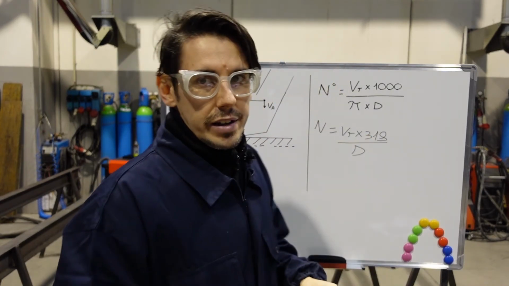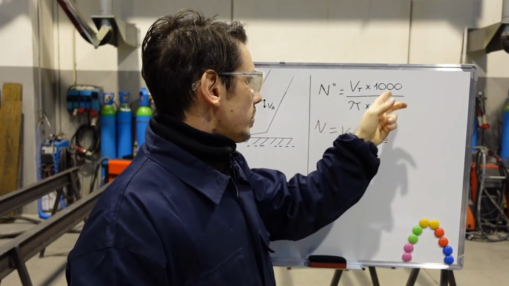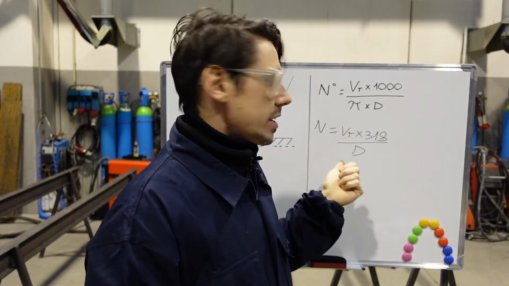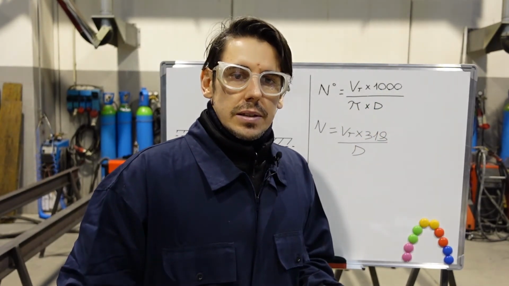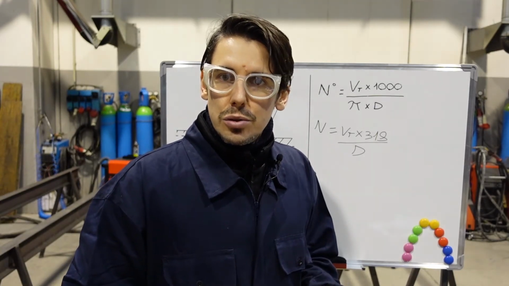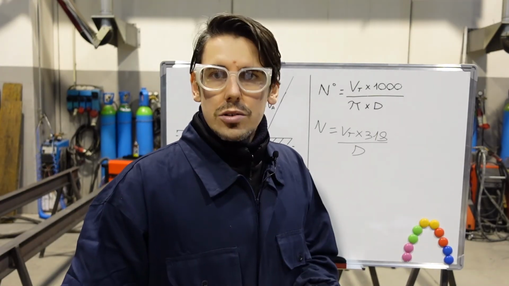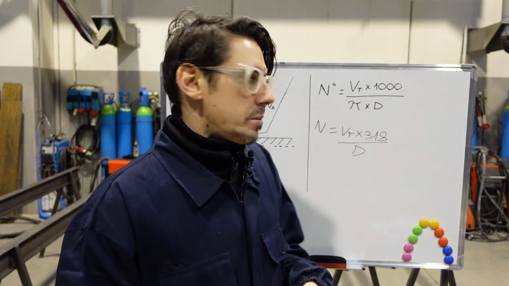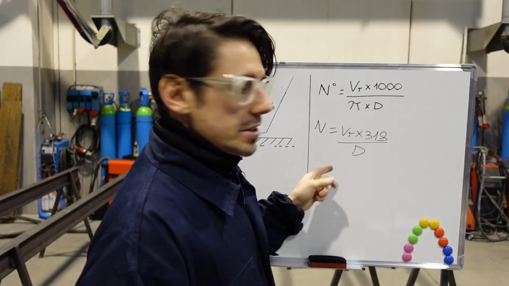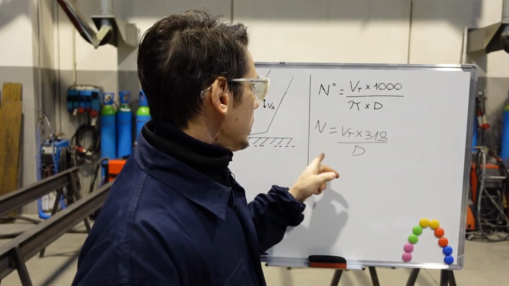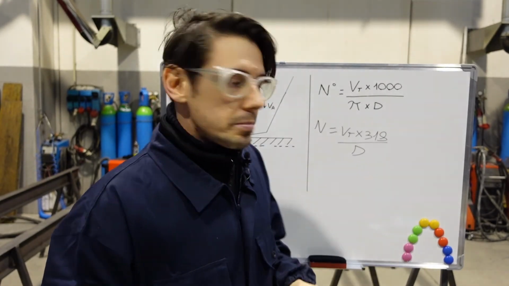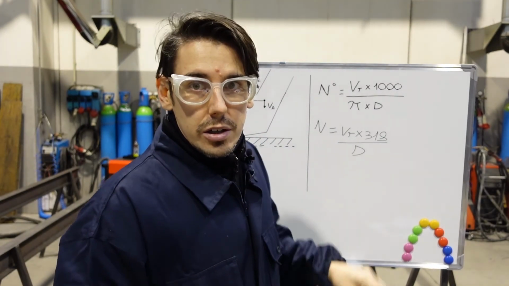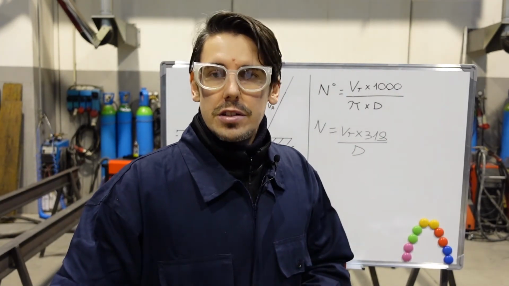The 318 is 1,000 divided by pi. We got a simple formula, but it is still too slow. So I thought of another way to find these revolutions per minute. In this case, for example, I will divide 6,000 by the diameter of the drill, and we have 600.